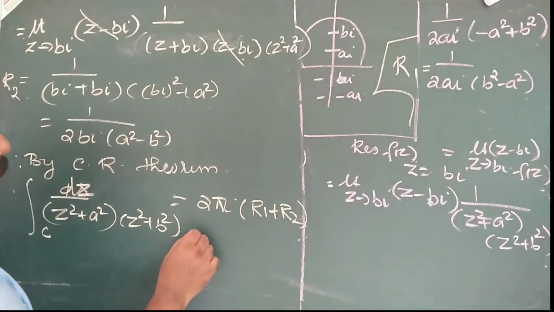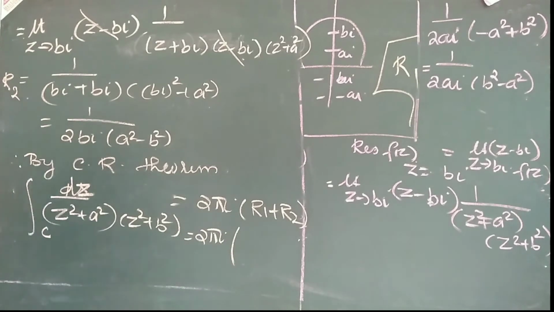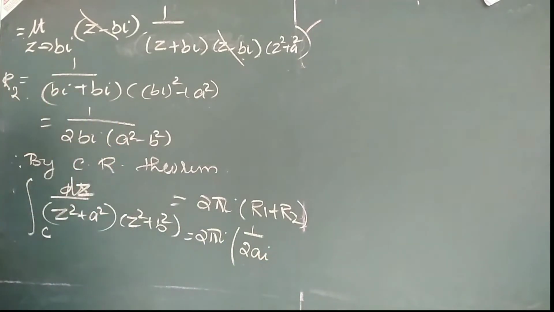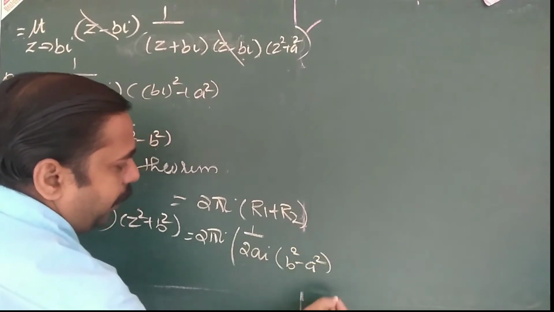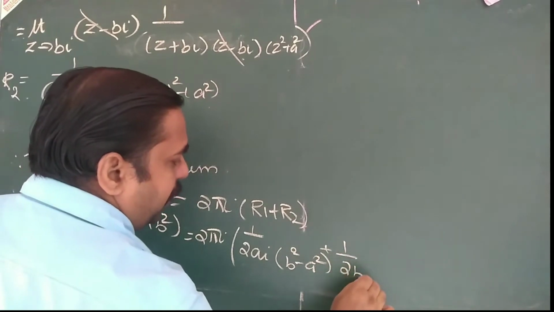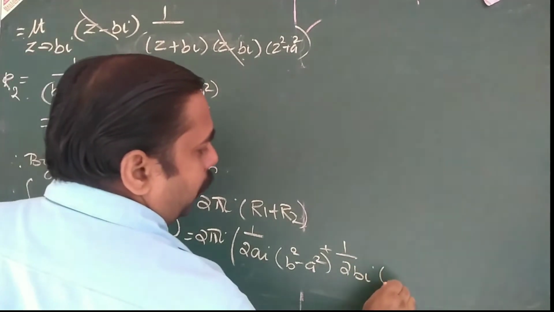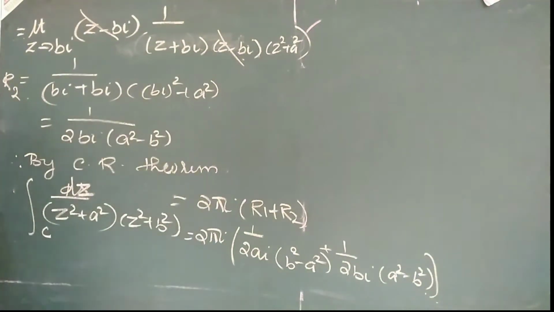So that is equal to 2 pi i into [1 by 2ai into (b square minus a square) plus 1 by 2bi into (a square minus b square)]. So this is R1 and R2.